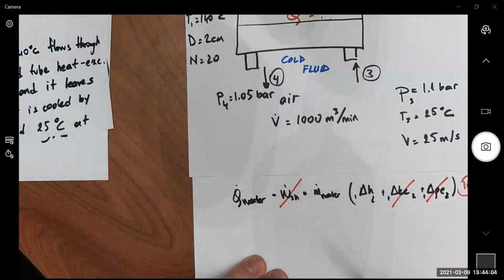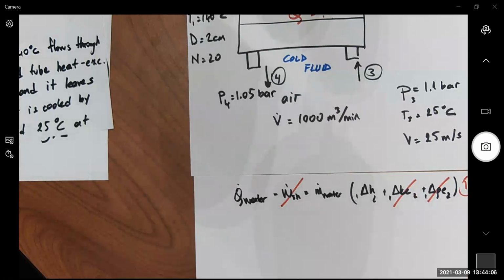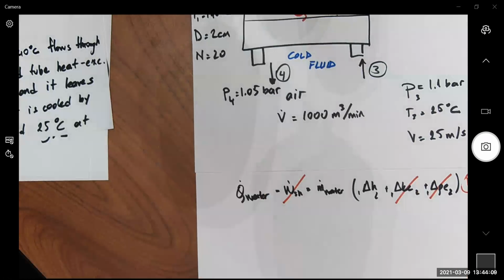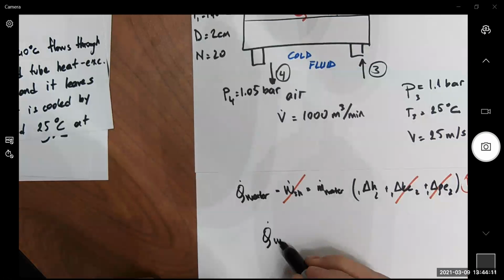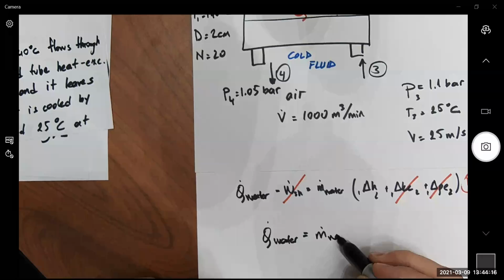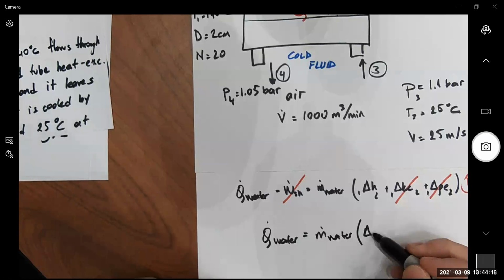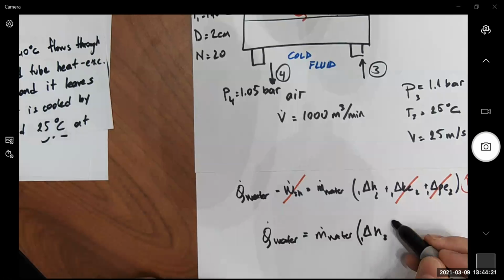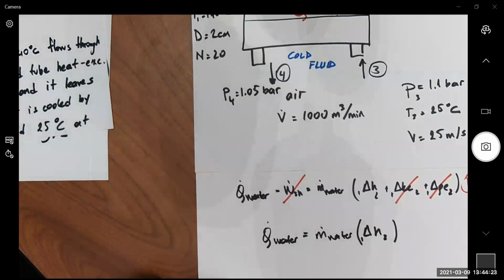Kinetic and potential energies are negligible. So Q water will be equal to the mass flow rate of the water times the enthalpy difference, the exit minus inlet: mass flow rate of the water times H minus H1.